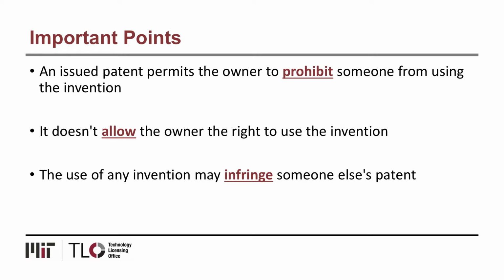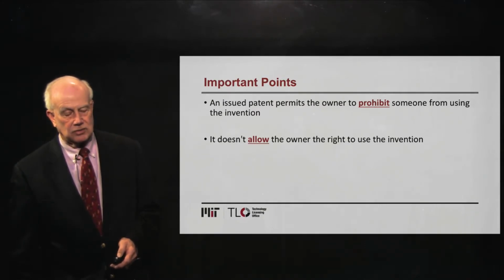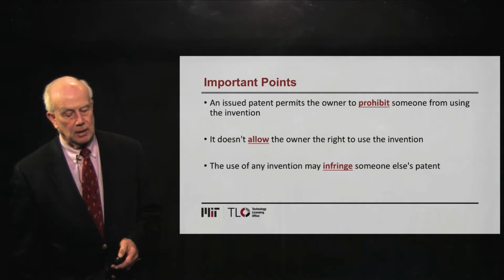So, important points to think about in the patent process and what a patent actually gives you. An issued patent permits the owner to stop somebody else, to prohibit someone else from using the invention. It does not, in fact, allow the patent owner to do anything other than prohibit others from doing what's described in the patent application. This is very, very important to understand when you think about what a patent actually allows the patent owner to do.